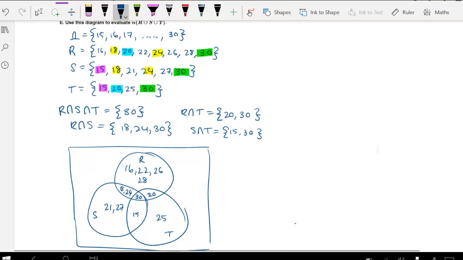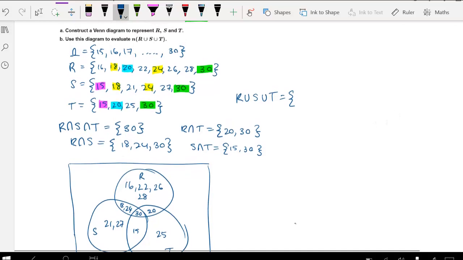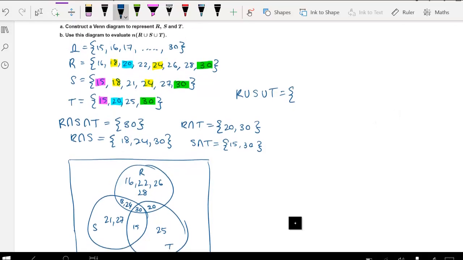Now, there are some values that exist outside this set, so it will be useful for us to write down what R or S or T is equal to. So this is also what part B is, but we want to use this to finish drawing the Venn diagram anyway.